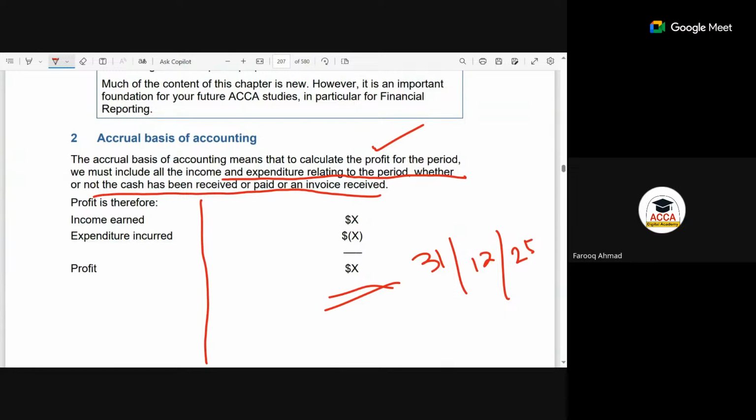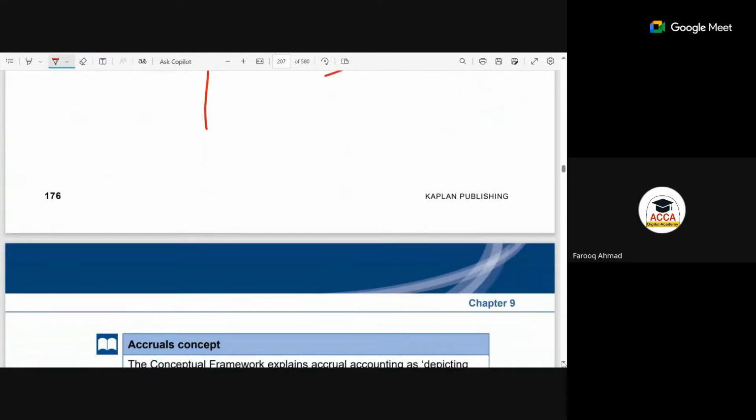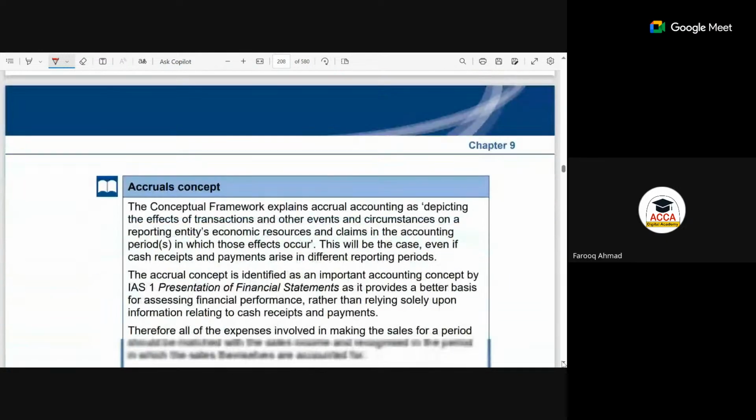Even if we pay 5 years of rent in advance, we will charge in the books of account only the 12 months we have used. The other unused periods we will consider as an advance payment.